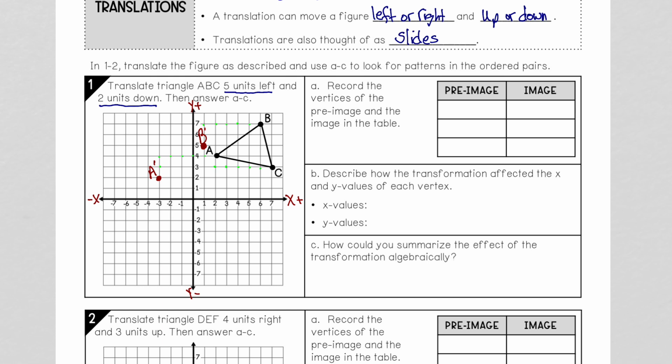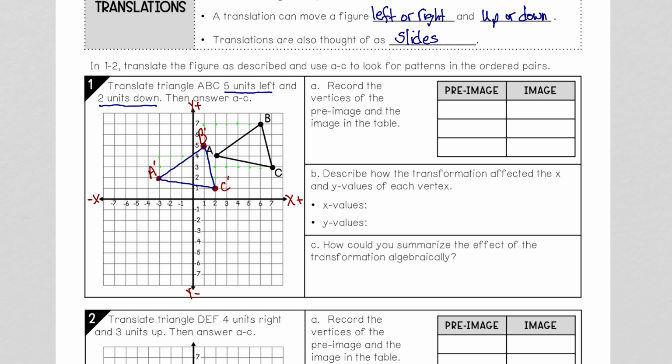Remember, 5 left is minus 5. And then down 2. So this is C prime. Okay, so when we join those back together, I don't draw the straightest lines, but you can kind of see it is the same size, same shape.